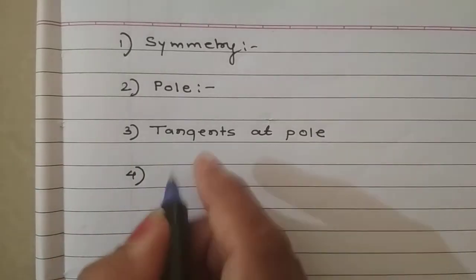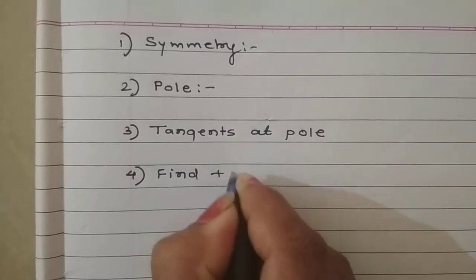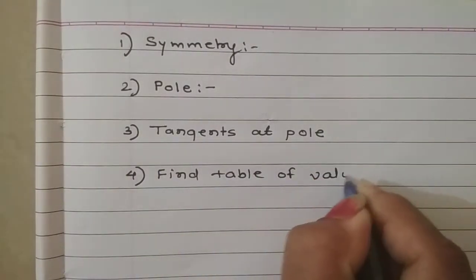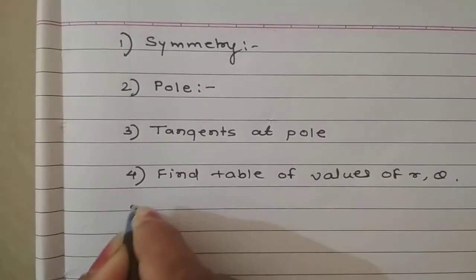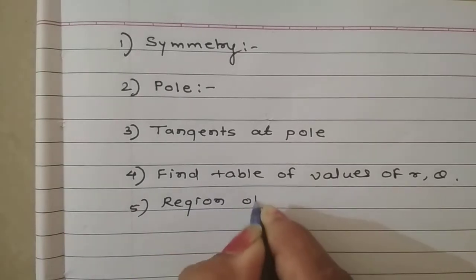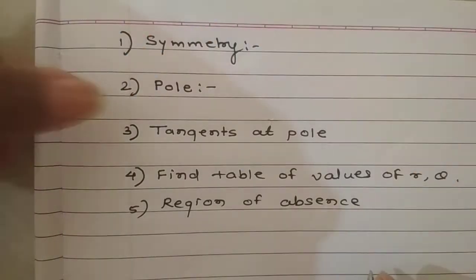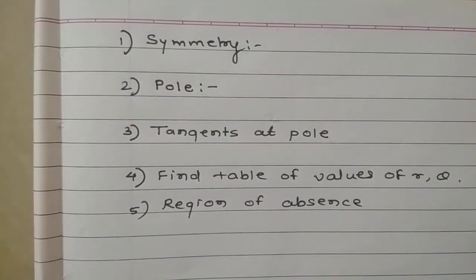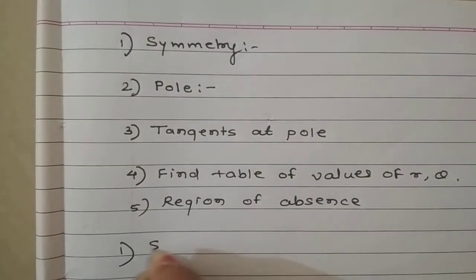Number 4, we find a table of values of r and theta. And fifth is the region of absence. By using these 5 rules, we trace the polar curve. Number 1, symmetry. The first condition is symmetry.